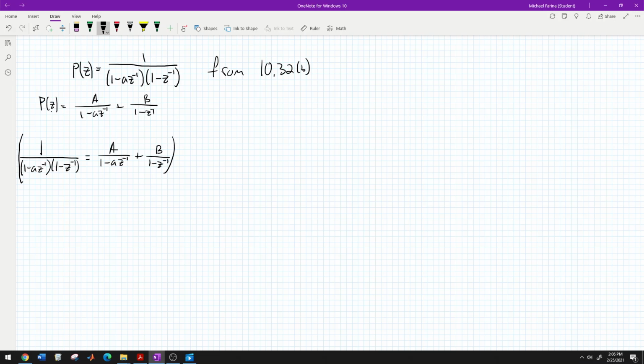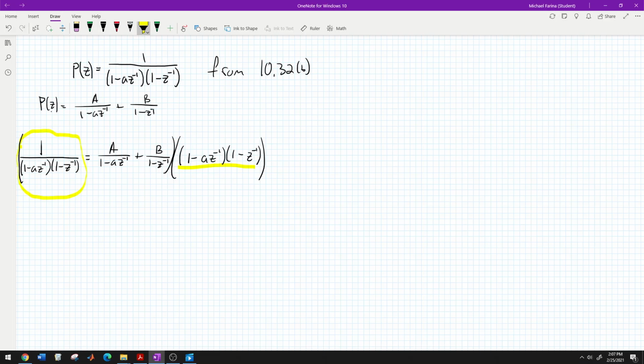And now I'm going to multiply both sides of this equation by the denominator of my left side. When that happens, I'm going to be multiplying this into the numerator of this term here.